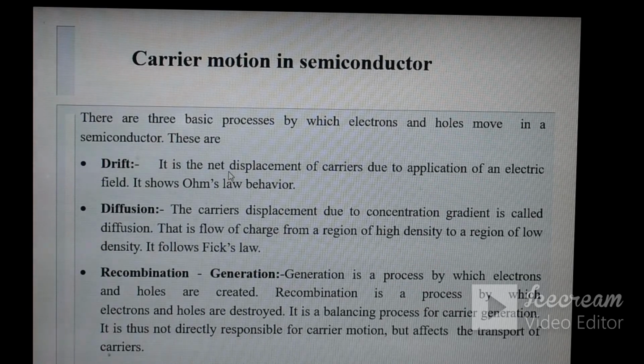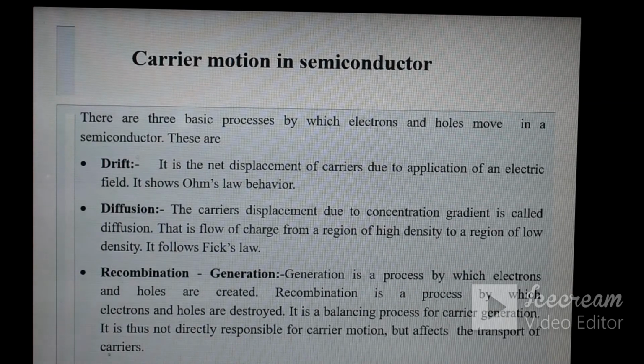And since it is a semiconductor, we will get two types of carriers. One is due to n, electrons, and the other is due to p, holes. And diffusion, here also, is carrier displacement due to concentration gradient.